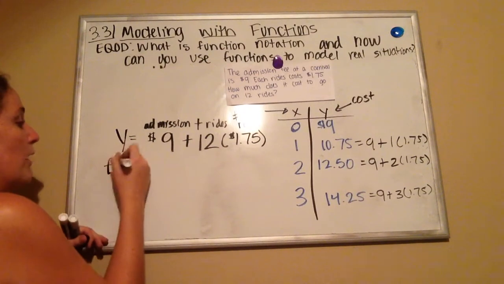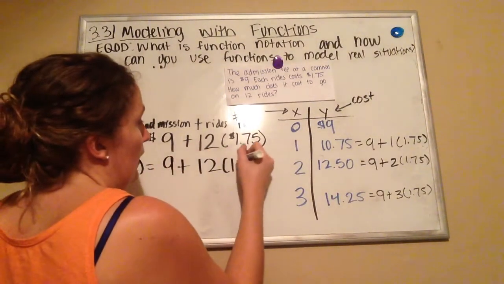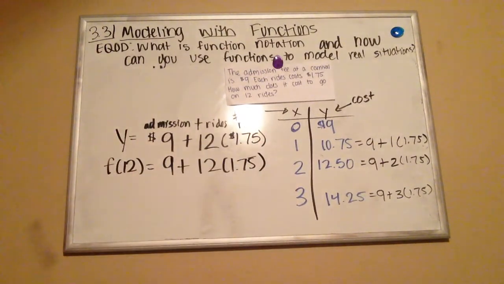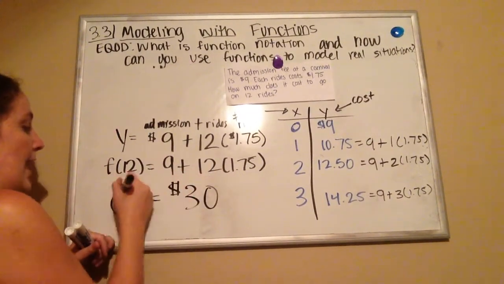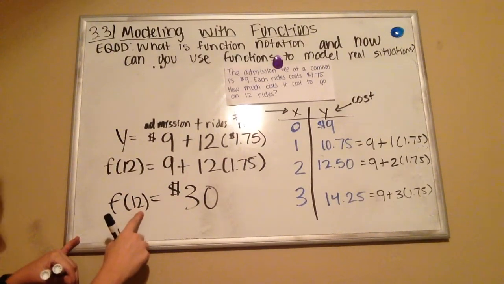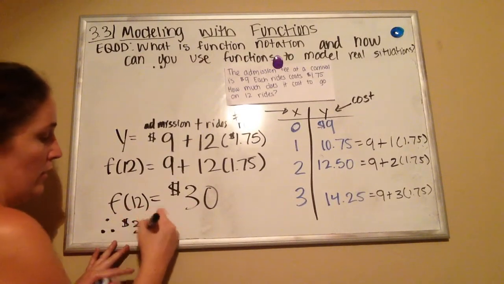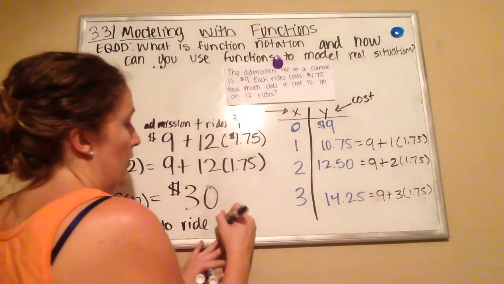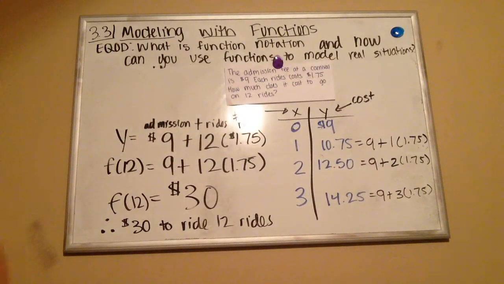So we plugged a 12 in, which means we're looking at f of 12, and we would get this expression, which when we solve it out, we get $30. Which means that f of 12, the output, which is the cost, for 12 rides is $30. $30 to ride 12 rides. Cool. So that's looking at modeling using function notation.